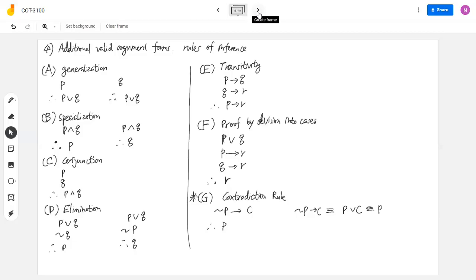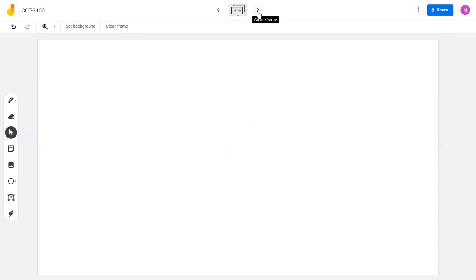Okay, next we are going to see two examples. The first example is example 2.3.a in the textbook.